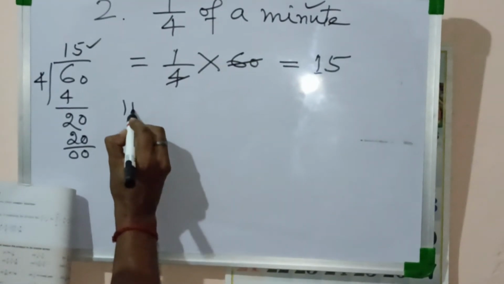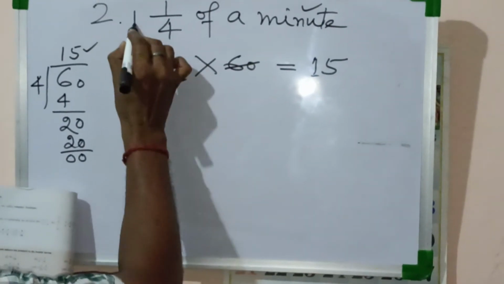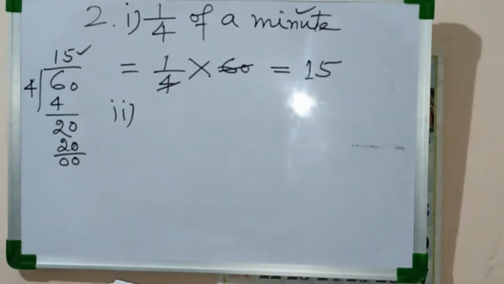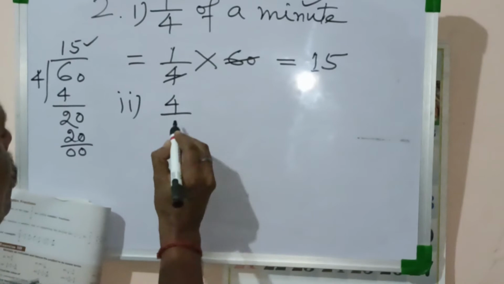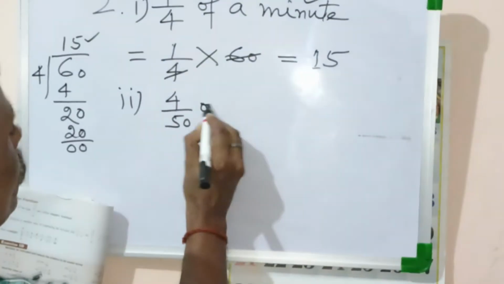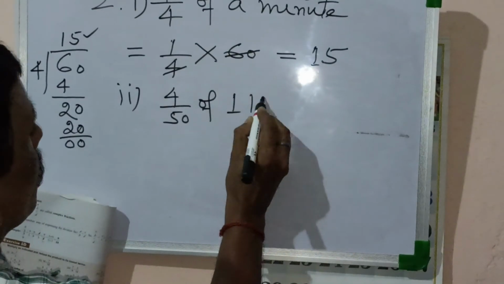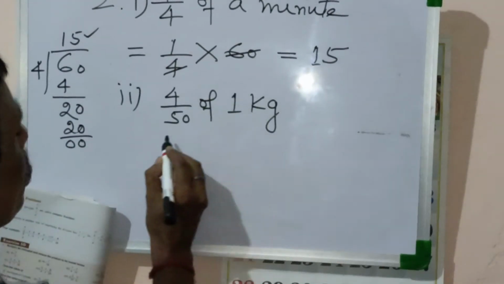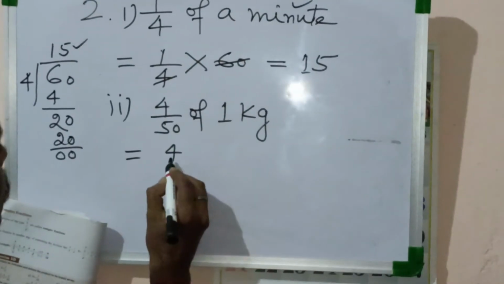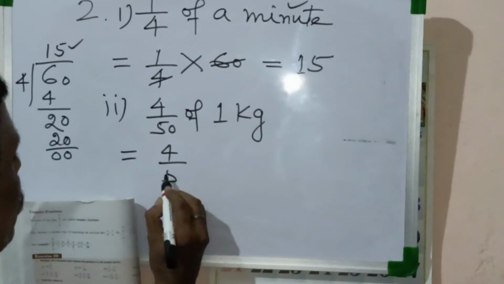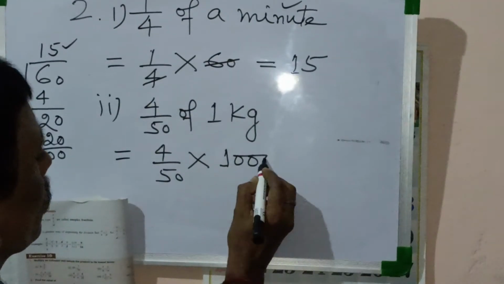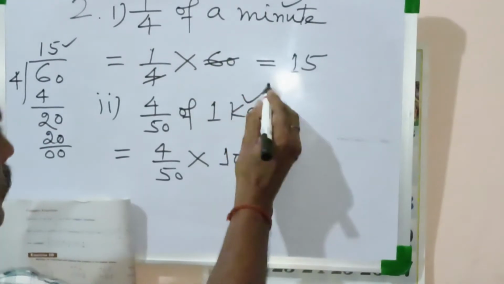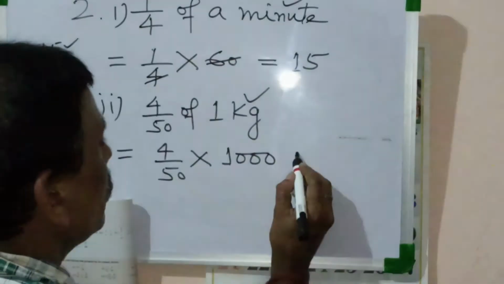Now the second part. 4 by 50 of 1 kg. 4 by 50 of 1 kg means 1000. 1 kilogram is equal to 1000 grams.